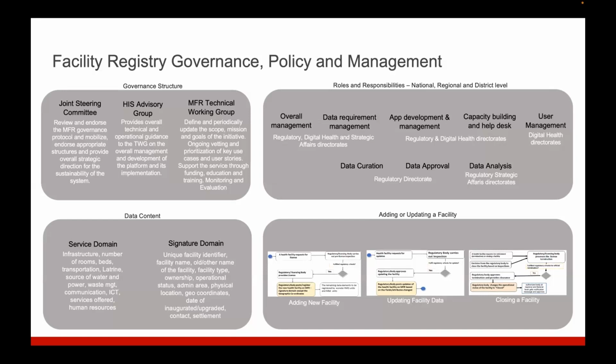The first is the Joint Steering Committee, which is chaired by the Minister of Health himself. There is an HIS advisory group, and we have the MFR technical working group that reports to the advisory group, and the advisory group sends out reports and presents the status to the steering committee. We have also laid out roles and responsibilities at national, subnational, and district level, because without this it's difficult to maintain quality data across the board.